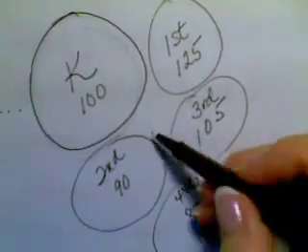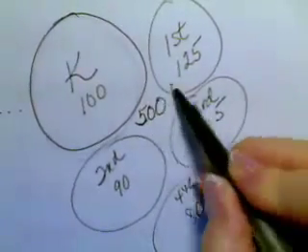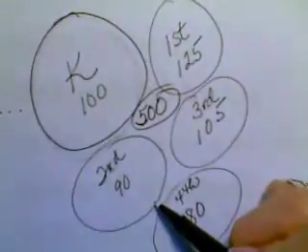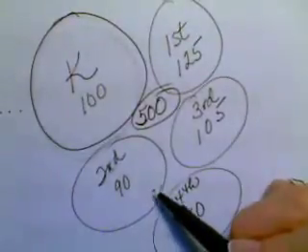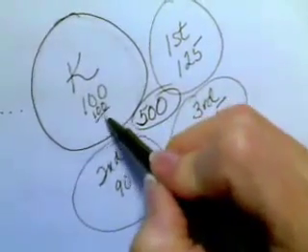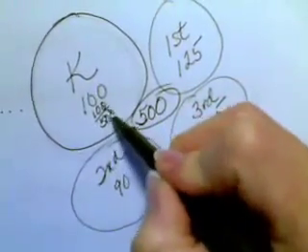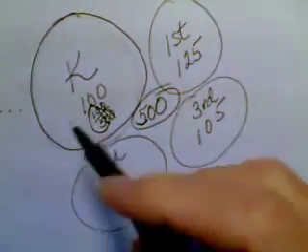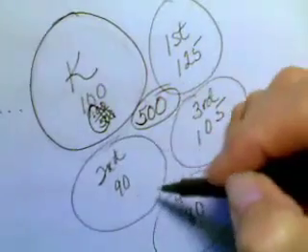I have 500 students in school. One-fifth of the students surveyed will come from the kindergarten class.